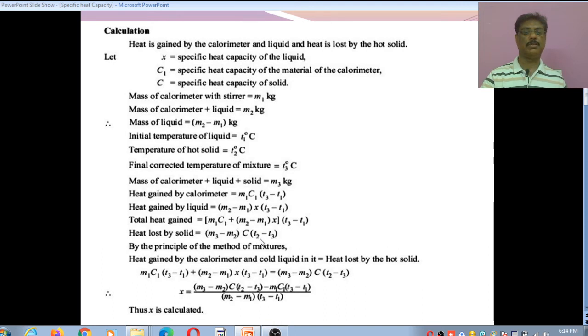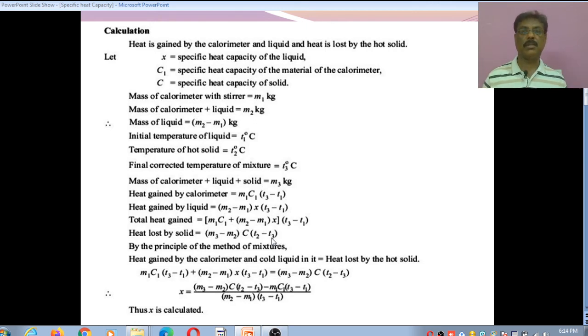T2 is the higher temperature, so T2 minus T3. Hence heat lost by the solid is equal to (m3 minus m2) into C into (T2 minus T3).